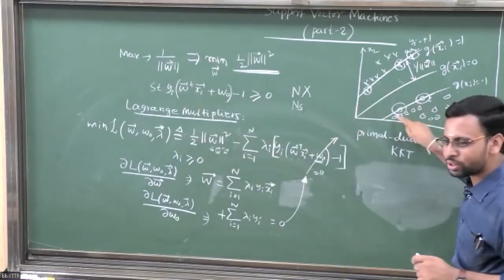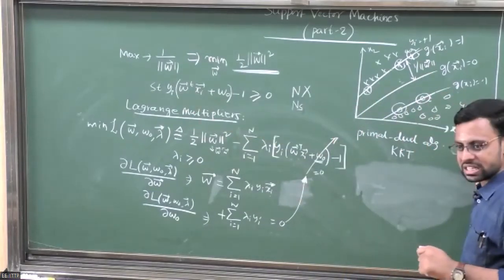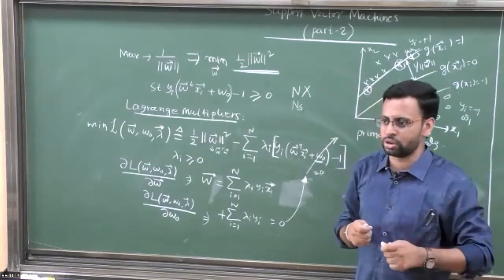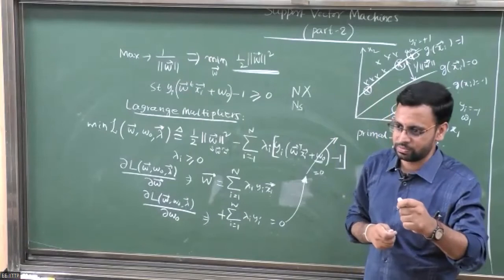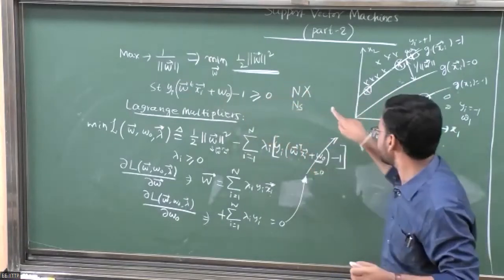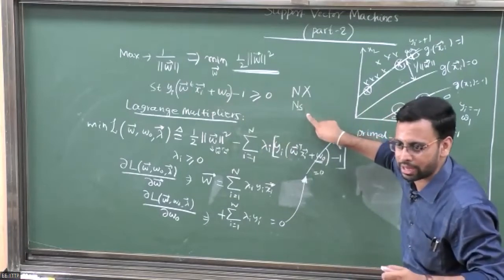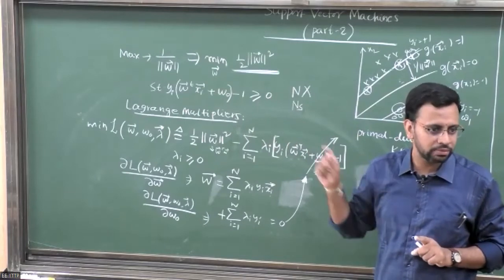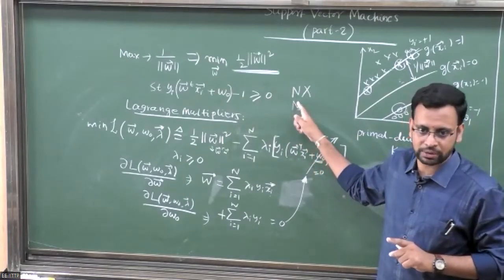If you put that constraint here, the rest is already satisfied. So you don't have to do anything in your process of optimization. You just play with only these ns values of lambda. Is this point clear? This is a very, very important thing that you need to understand.